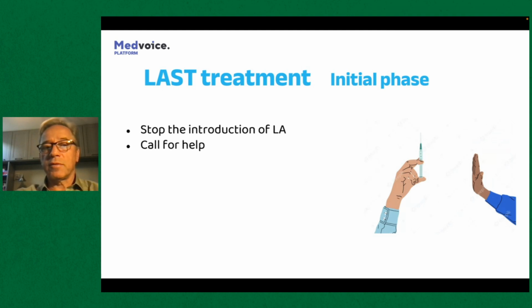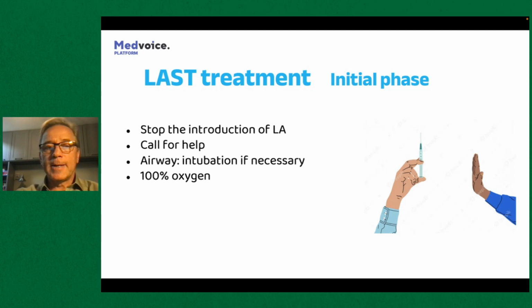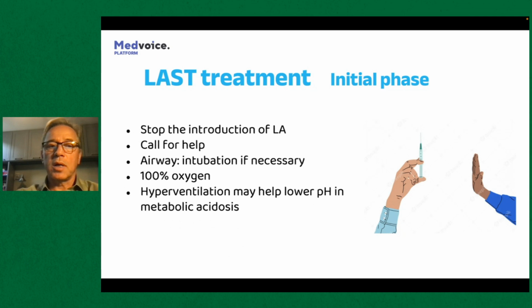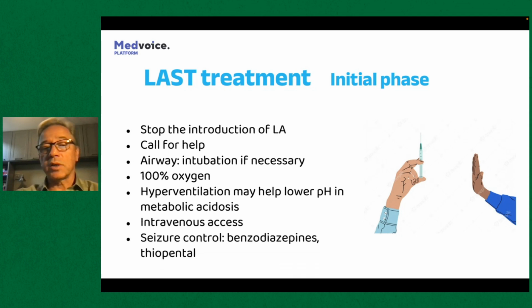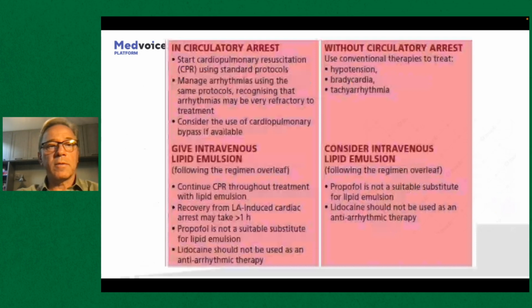What would you do? What's the initial phase? You would stop introducing local anesthetic. You would call for help. You'd provide airway support with intubation if necessary, 100% oxygen. Hyperventilation may help to lower pH in metabolic acidosis. You obviously will secure the intravenous access, and you will try and control seizures using benzodiazepines or thiopentone.